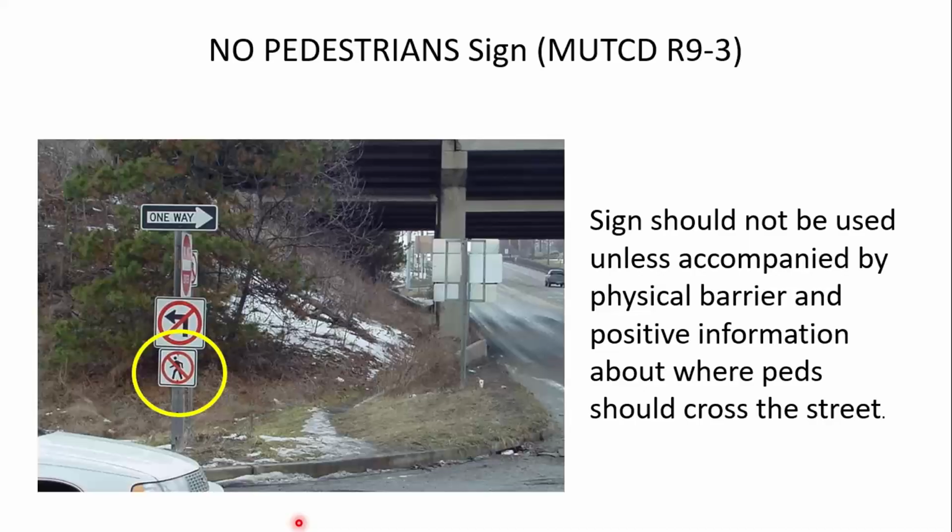So my advice is don't use that sign unless it's accompanied by a physical barrier, probably on the corner of the street that we don't see, where the photo was taken from, and some positive information about where pedestrians should cross the street, so they can find an alternate route or alternate path.